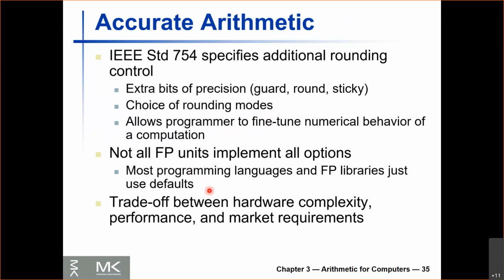Okay, and the reason that not all floating point units support all options is because there's a trade-off between hardware complexity and market requirements. Okay, if you want to support all the options, it means you need to invest more hardware, and some people may not want to do that. They may not want to incur the additional expense of supporting all these rounding options.